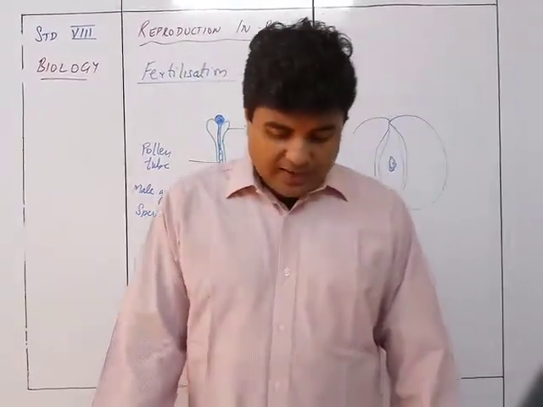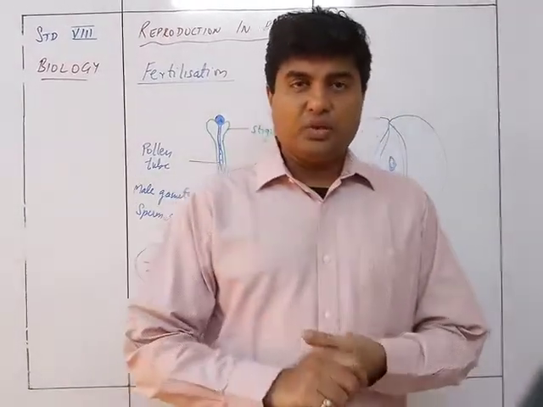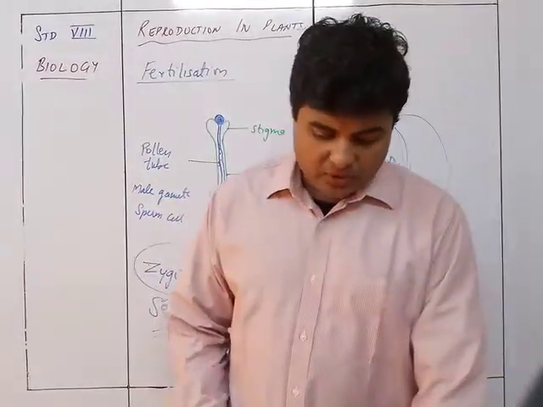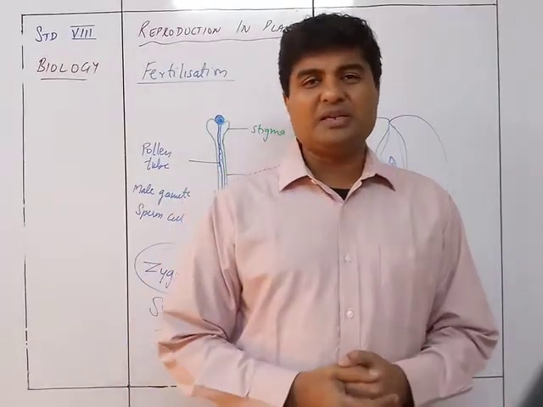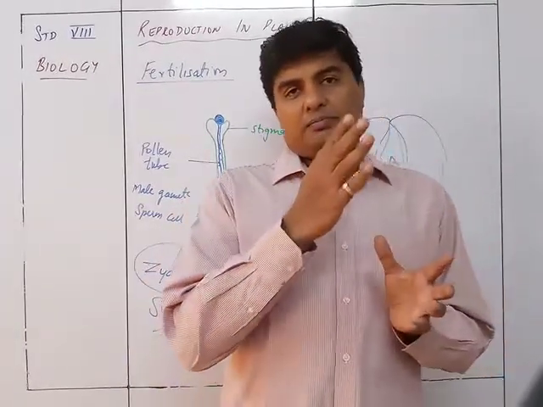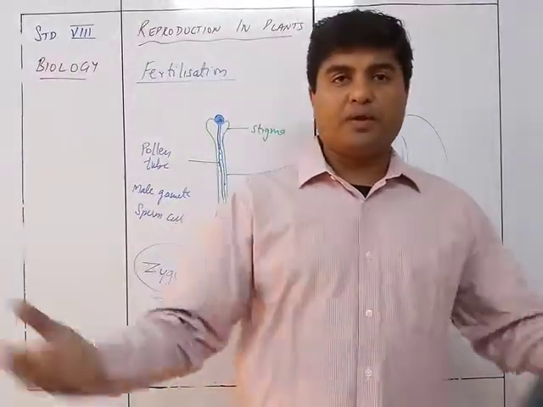Anyway, I suppose that this particular part of the chapter has been cancelled from the new textbooks, so you need not go into detail of that. But mainly, seed dispersal is the separation, or you can say the spreading of the seed away from that particular plant.